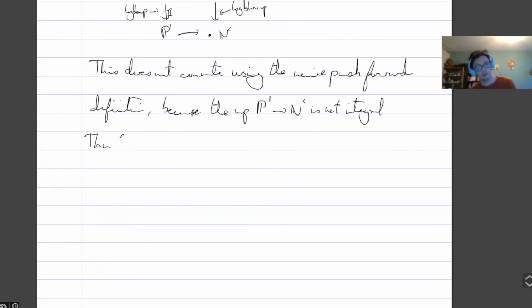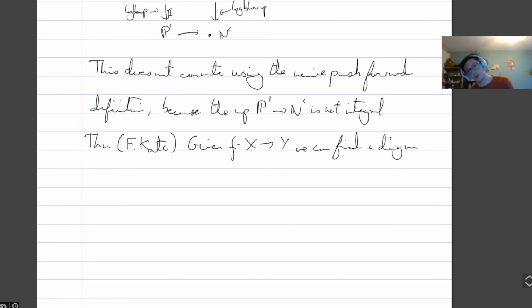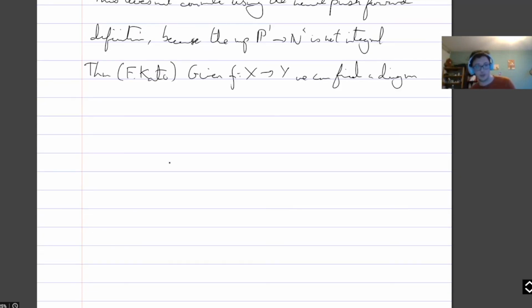So there's a theorem. Now, this is due to Fcarto. And it says that given f, X to Y, which is a log morphism, we can find a diagram: we have X, we have Y, we have Y tilde, we have X tilde.